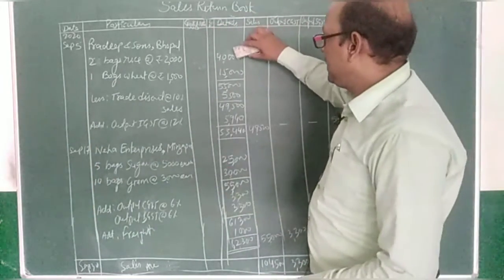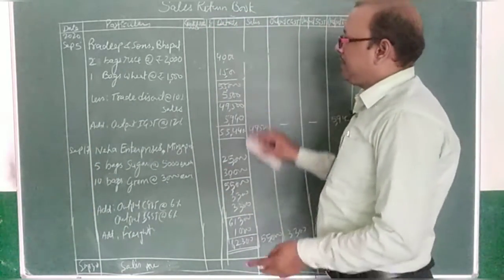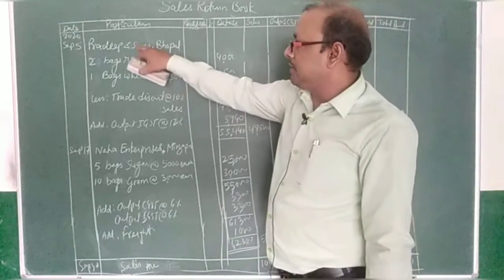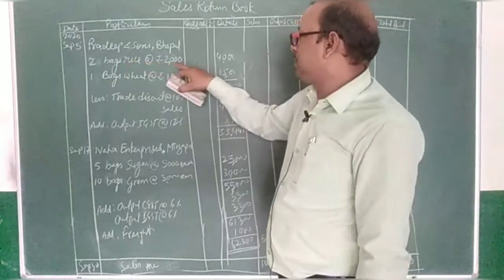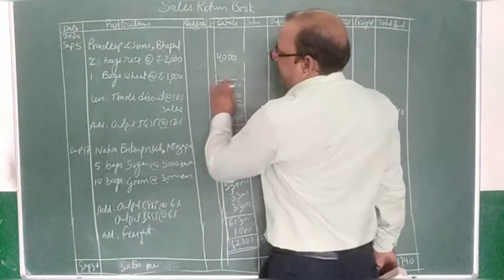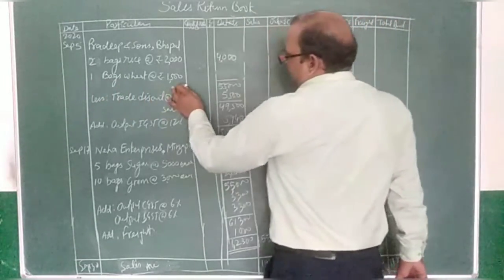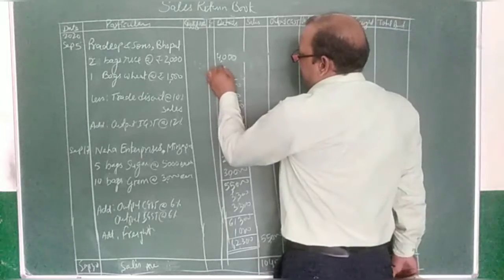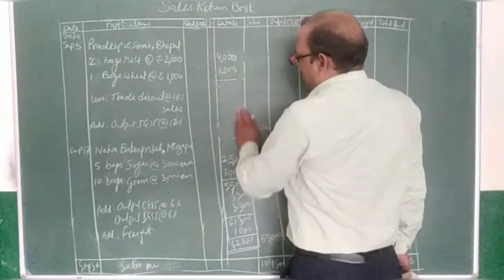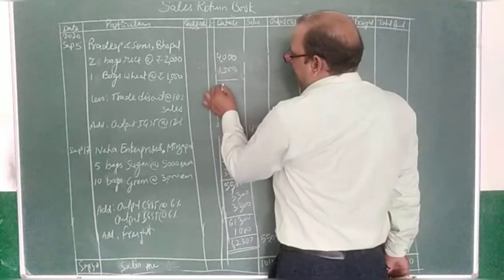So it will be like this. The treatment is very similar to that only. 2 bags of rice have been returned, so 2 bags of rice at 2,000 will be 4,000, and 1 bag of wheat of rupees 1,500. So the amount is 1,500. So total amount, just change this. All the things will be the same.